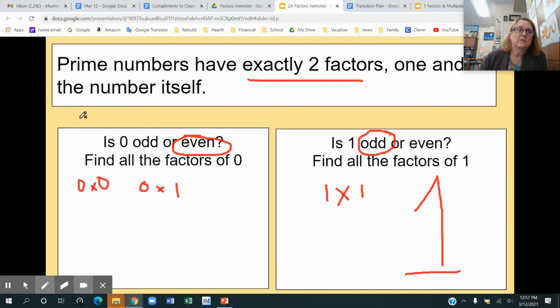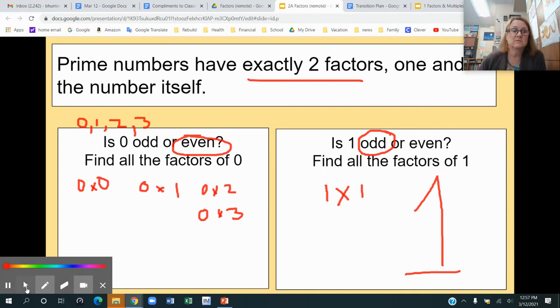So far I've got 0, 1. 0 times 2 is 0, so 2 is a factor. 0 times 3 is 0, so 3 is a factor. Are you starting to see the problem here? Yes. Any number times 0 is 0. So there's an infinite number of factors. So I'm never going to ask you to write all the factors of 0. That was a trick question.